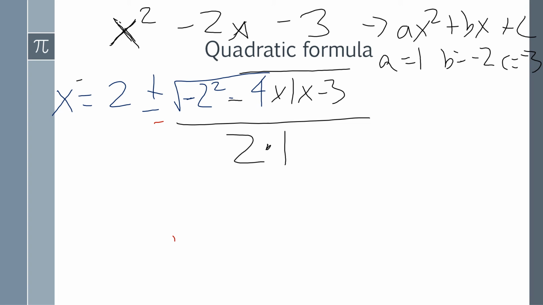Alright, y'all ready? So again, let's work inside of the square root. So negative 2 squared, which we realize is going to be a positive 4.